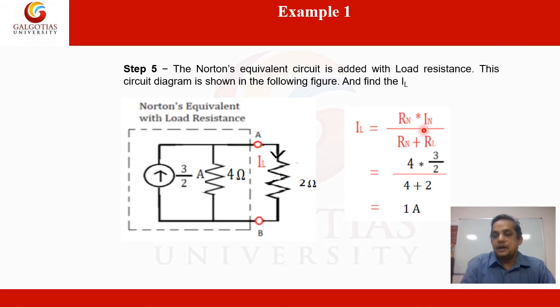Now RN into IN upon total resistance, so the value comes to 1 ampere. 1 ampere load current comes here.